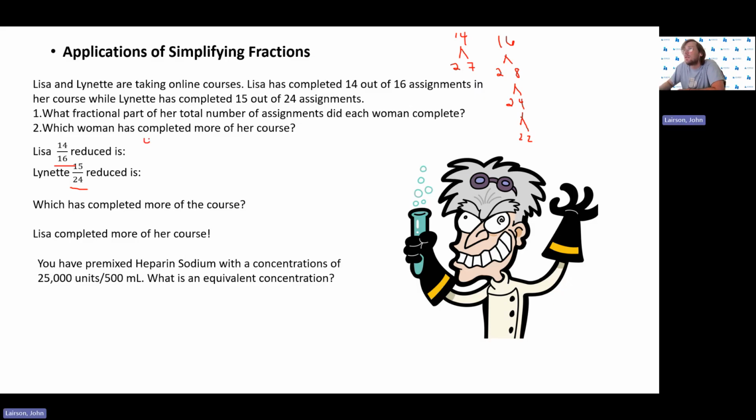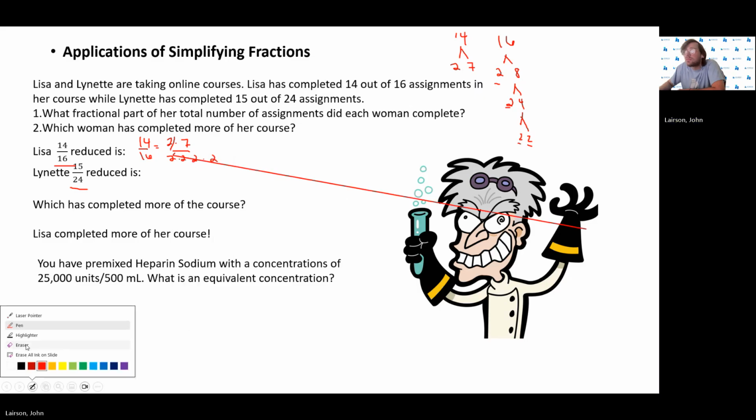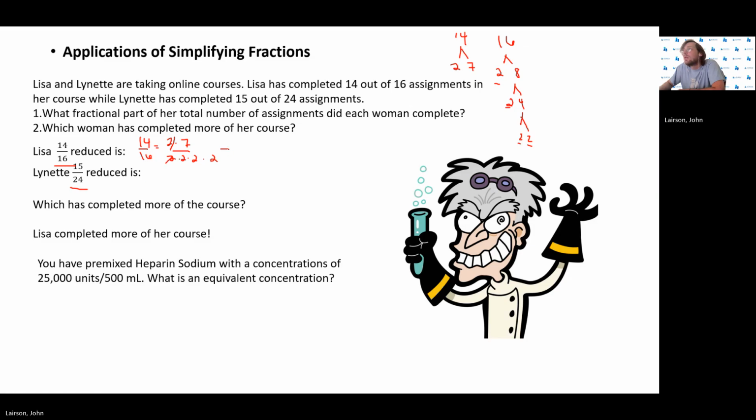So 14 over 16 becomes 2 times 7 over 2 times 2 times 2 times 2, 4 of them. 1, 2, 3, 4. And one of these 2's cancels out. The top is 7. The bottom is 2 times 2 times 2, which is 8.